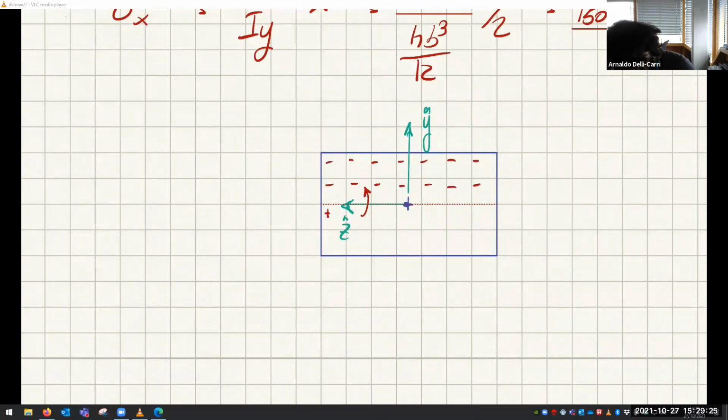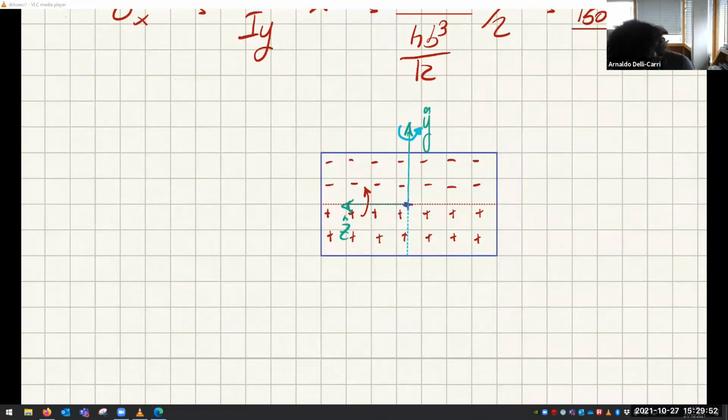And the bottom part is in tension. Conversely, if I apply the moment around this axis, then I have this area split into two, but in this other direction now.